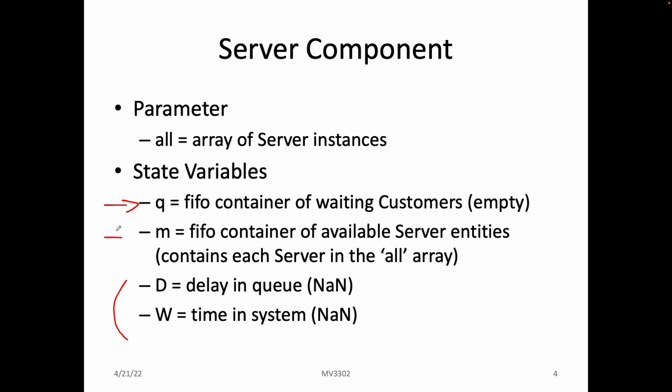But now we're going to have a container of all available server entities, and initially it's going to contain every server instance in the all array. Okay, so we need a way of making sure that happens.